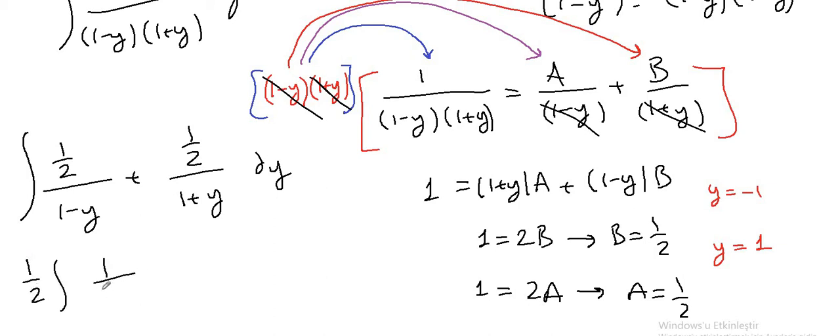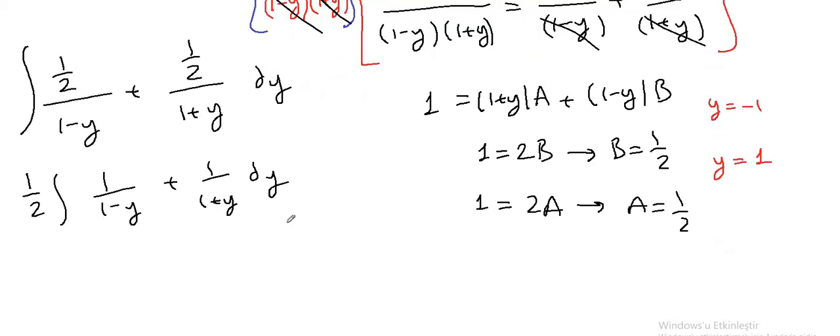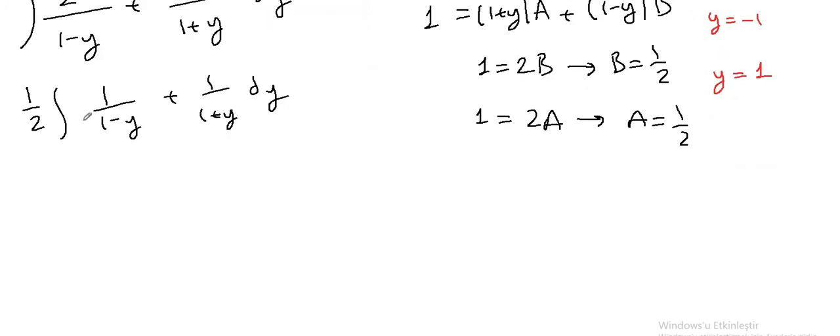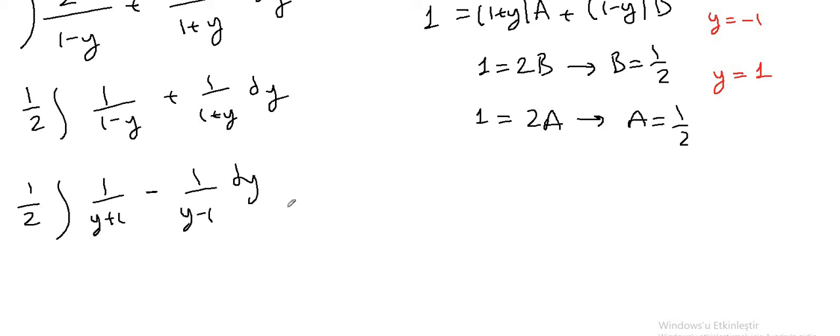So we have 1 over 1 minus y plus 1 over 1 plus y dy. And if we negate both fractions, we obtain 1 over y plus 1 minus 1 over y minus 1. So all we did was negate these fractions.